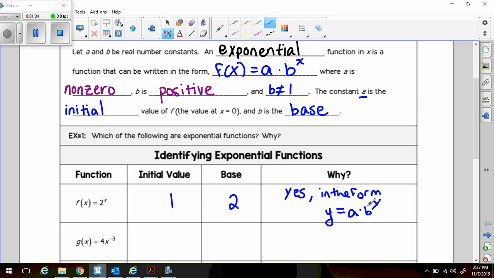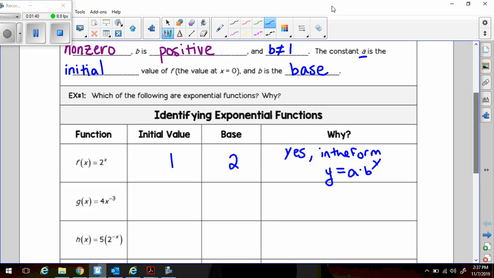Okay, let's try the second one. This one is 4x to the negative 3. So what does this negative exponent mean? The initial value is a number in front of your base, and the base is the thing with that exponent. So my initial value is 4, but the base is a variable. The base is x. This is not an exponential because the variable is not in the exponent, so we're going to say no. This is a rational function.